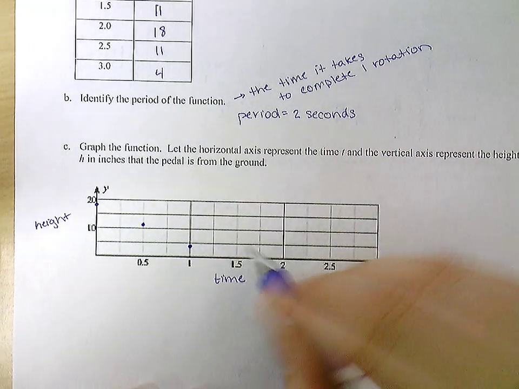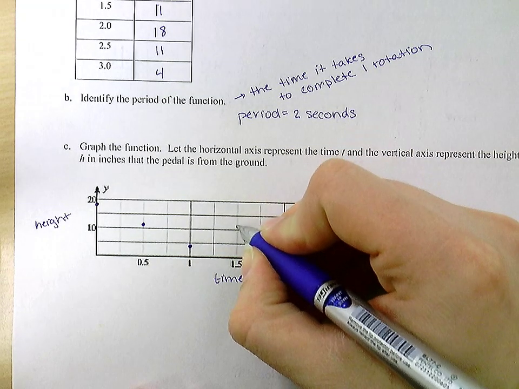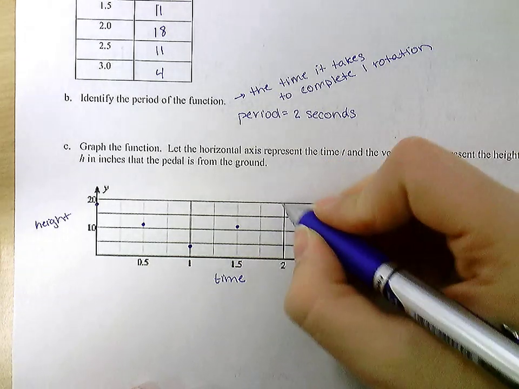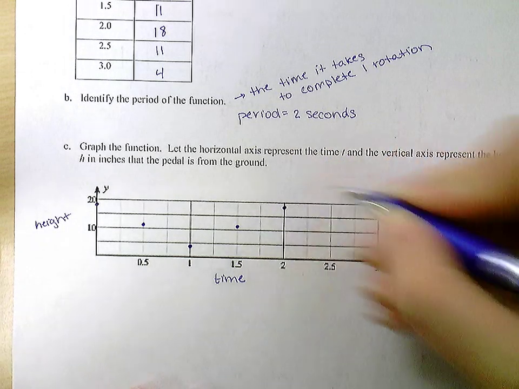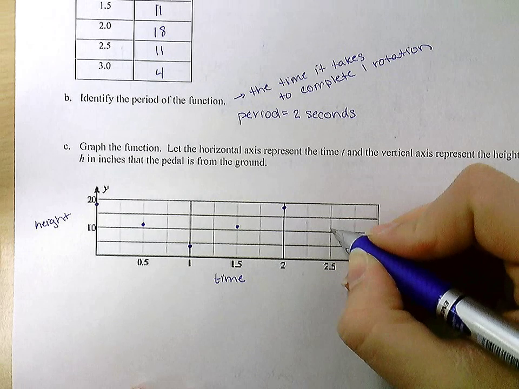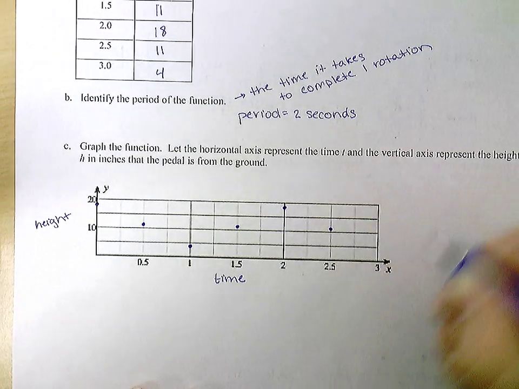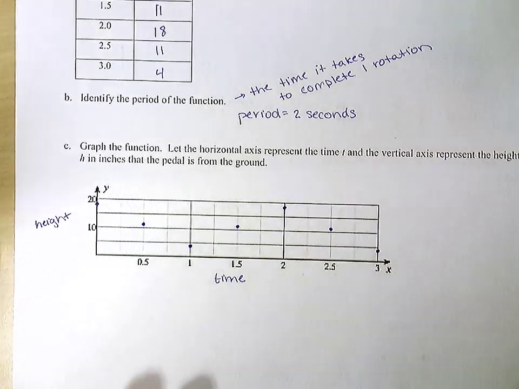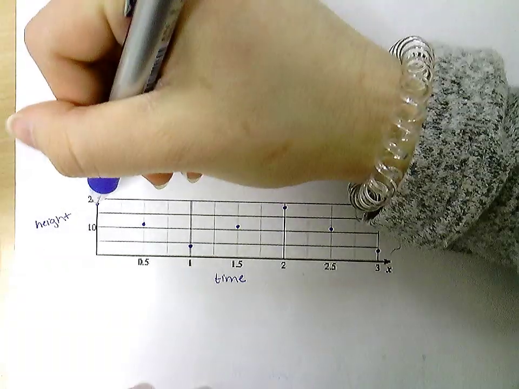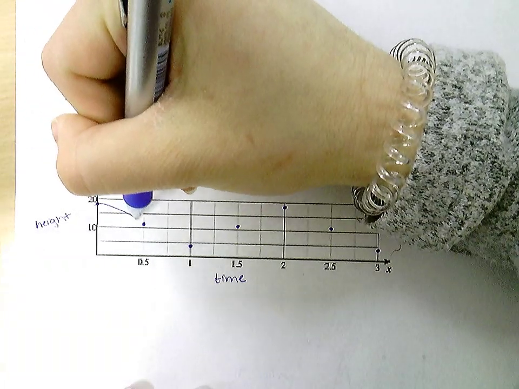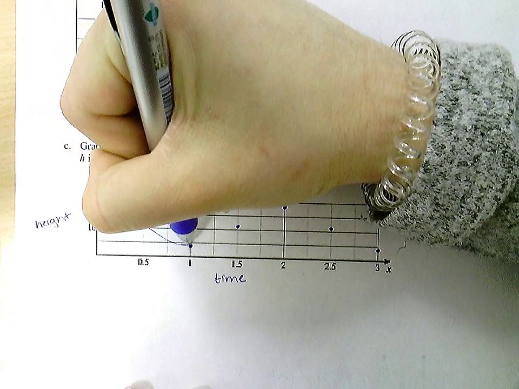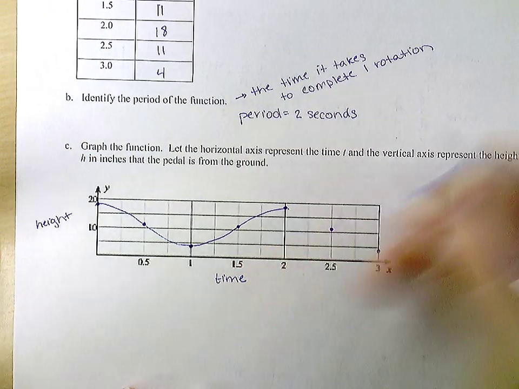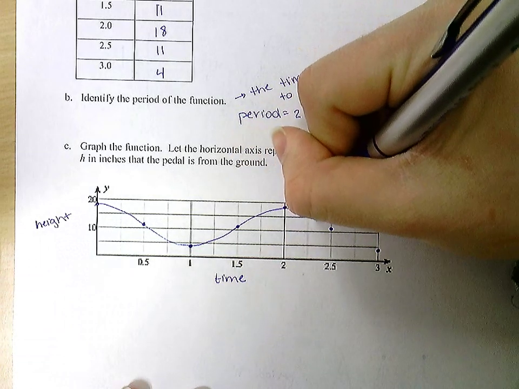At 1.5 seconds, it went back up to 11. At 2 seconds, up to 18. At 2.5, again at 11. And then 3 seconds was at 4. Connecting these, it goes down, back up, and back down.